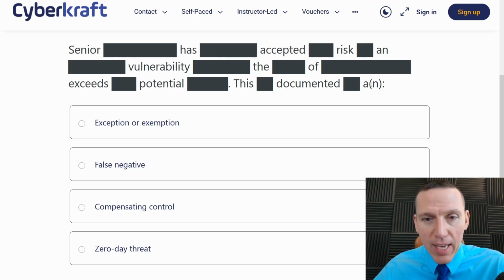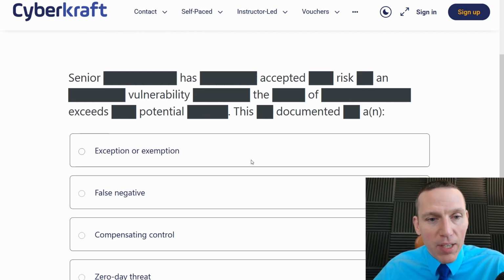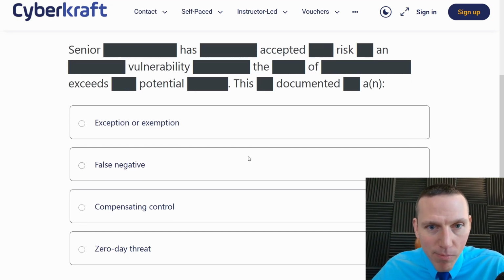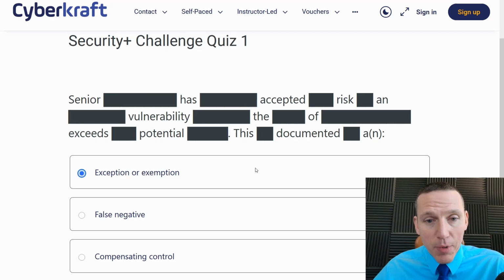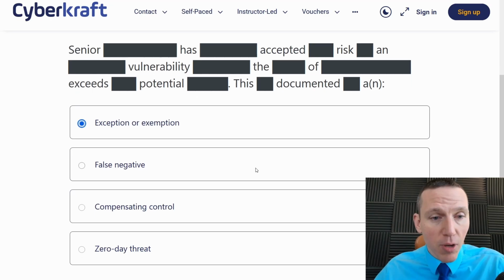It couldn't even give me the an or the hint. Okay. If you've accepted the risk, then we're doing something with the accepted risk. So I guess this would be an exception. Oftentimes when you accept the risk for something, you're making an exception to policy. So I'm going to guess exception.